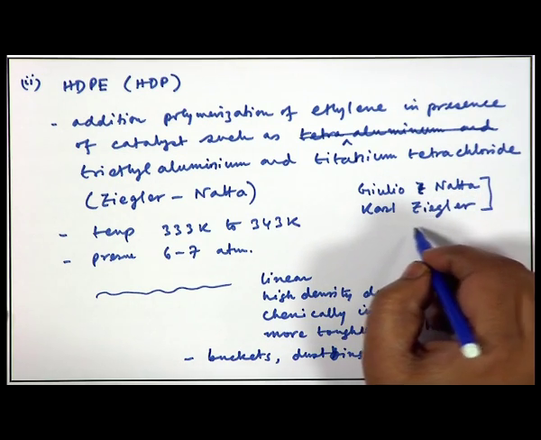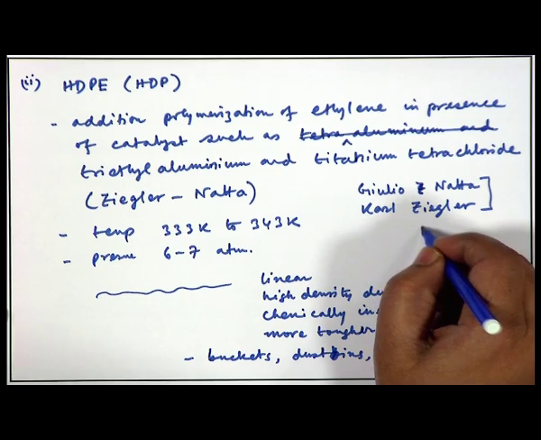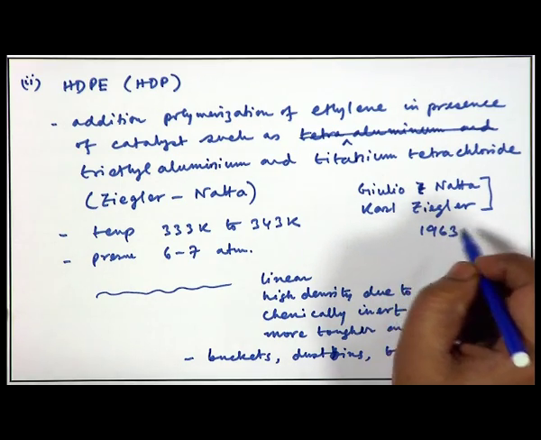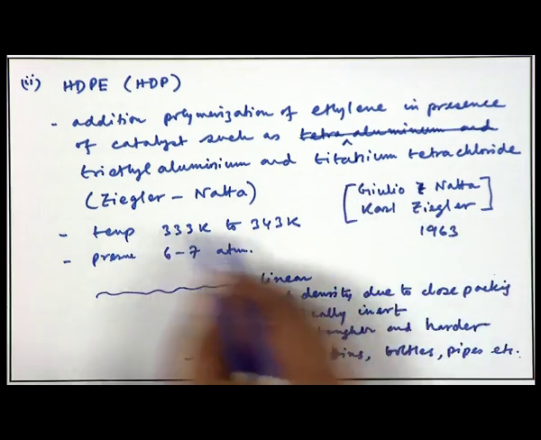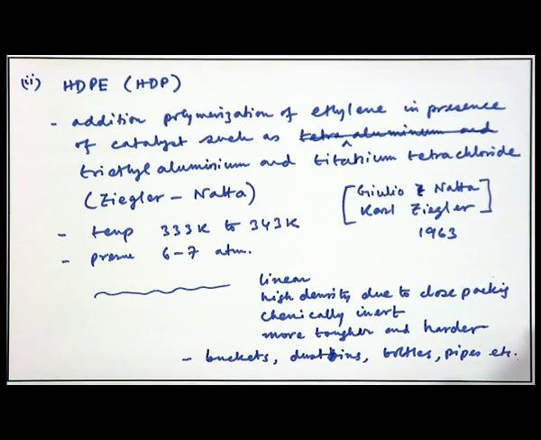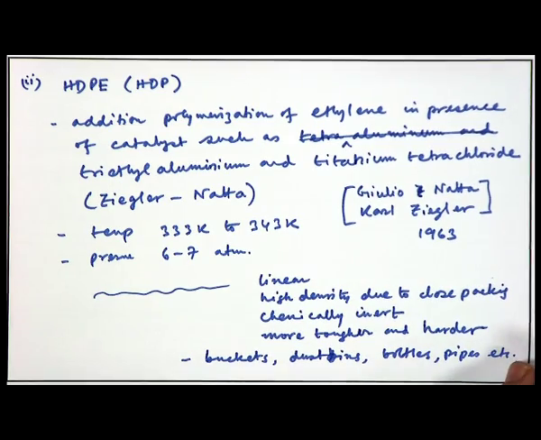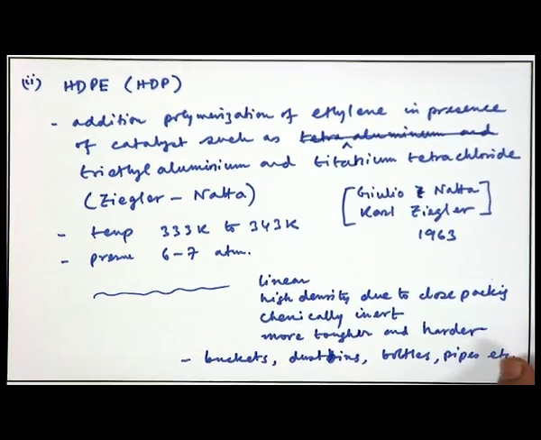They got the Nobel Prize in chemistry in 1963 because of the discovery of this Ziegler-Natta catalyst, which enabled synthesis of high molecular weight linear high density polyethylene.